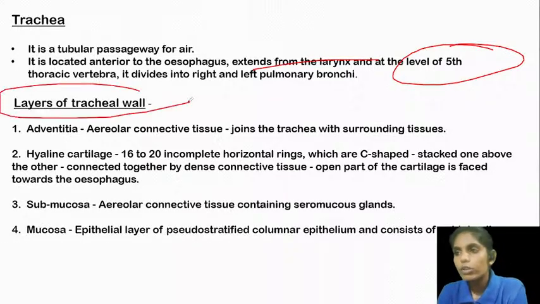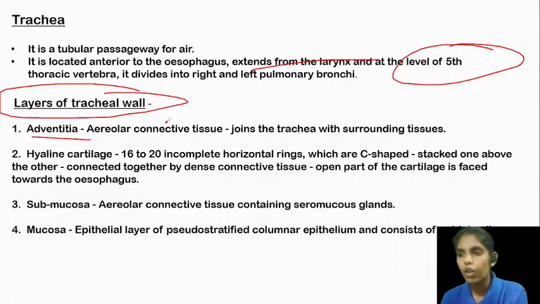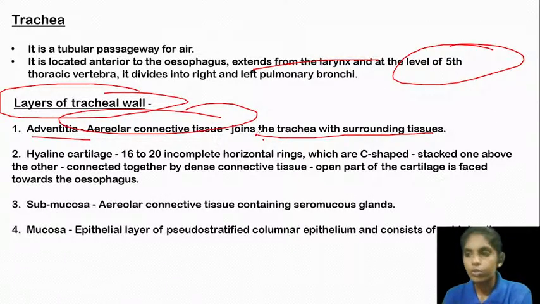And let us know about the layers of the tracheal wall. What tissues will form the wall of the trachea? So the outermost is the adventitia, which is made up of areolar connective tissue. It joins the trachea with the surrounding tissues. Then the hyaline cartilage: the trachea is made up of 16 to 20 incomplete rings of hyaline cartilage, and these are C-shaped.